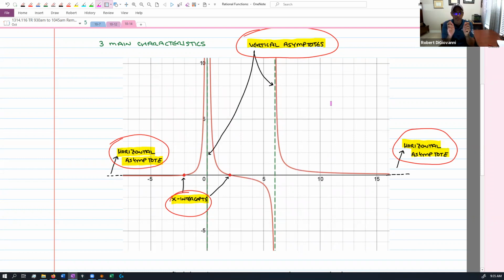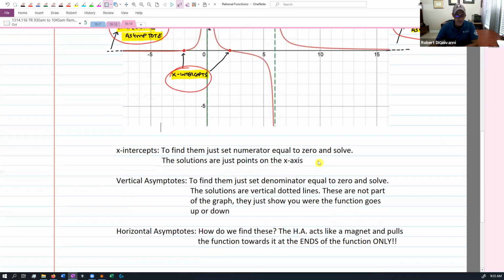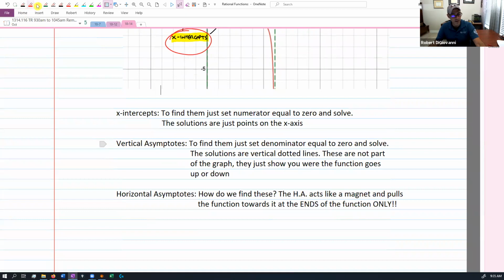Or if you hold a magnet and put a piece of metal next to it, it'll pull them together. This horizontal dotted line here that I drew is like a magnet. And as we draw this graph to the right, it's like pulling that red graph towards it, although it's never going to touch it. All right. So I've summarized the three main characteristics right here.